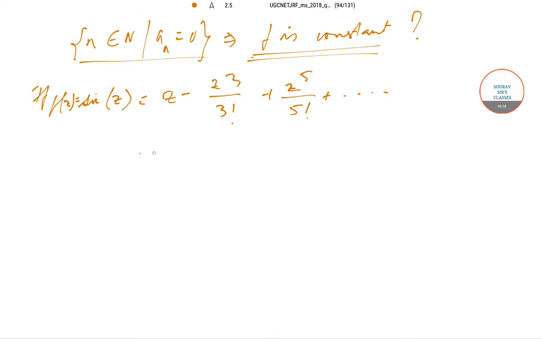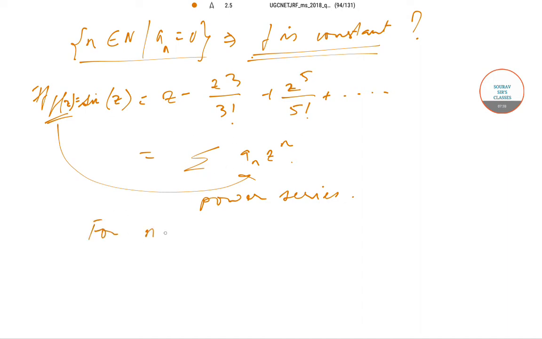So this is of the format summation a_n times z to the power n. We already know that f(z) can be of this power series format. It has been already mentioned in the question. But now you can see over here that for n even, a_n is equal to 0.